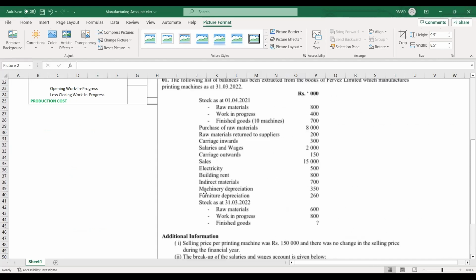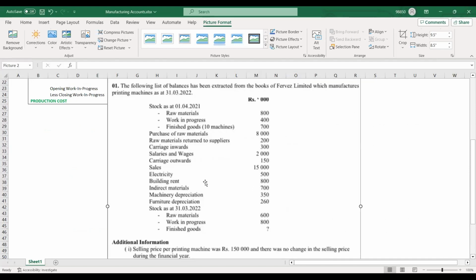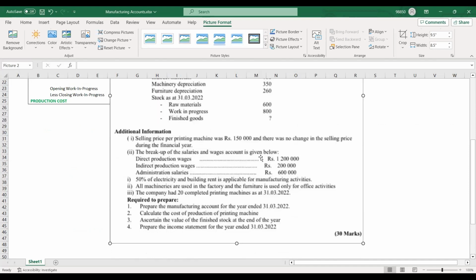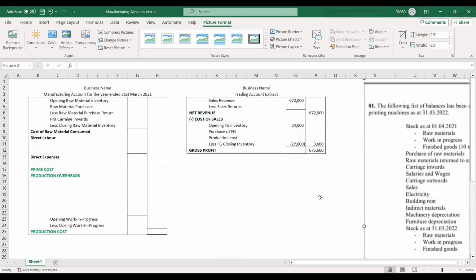You have the following list of balances extracted from Furzev Limited, and you have your normal list, and then you have additional information as well. You are required to prepare the manufacturing account, calculate cost of production of printing machine, ascertain the value of the finished stock at the end of the year, and prepare the income statement for the year ended 31st of March 2022.